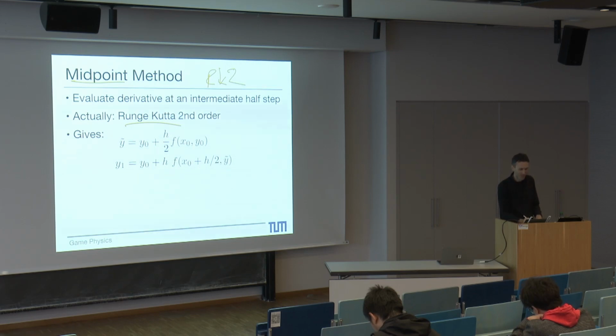Thinking ahead to the questions, for this f, we need both x and y. So the x, in a way, is easy to compute, right? We know exactly what x should be and will be. But for this midpoint to get the correct answer for f, we actually need this y tilde, because this is the xy position that we get from our scheme in this case.